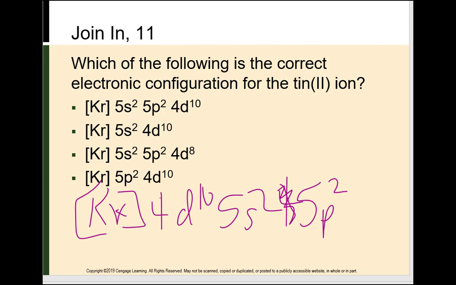And remember, when we become ions, we take off the highest electrons, and we want to take off 2. So we're going to take off that 5p2.